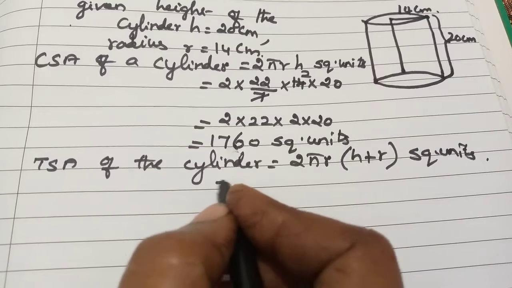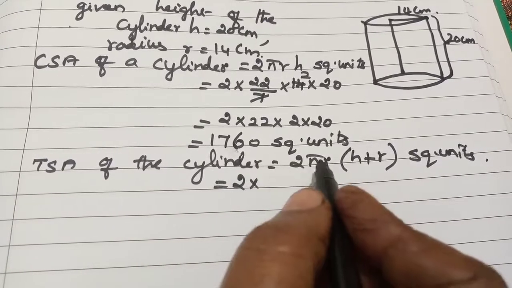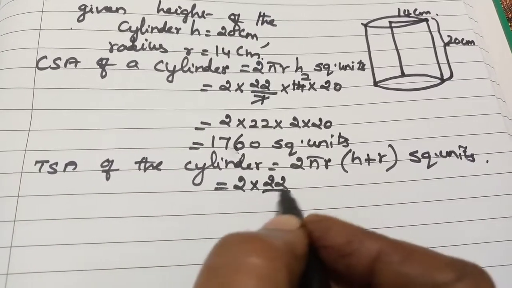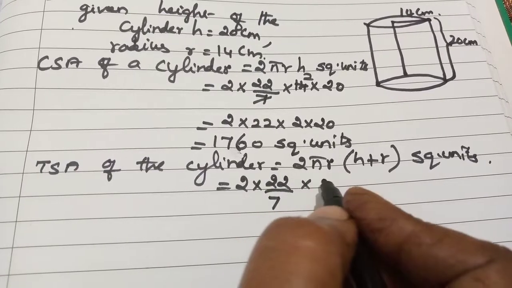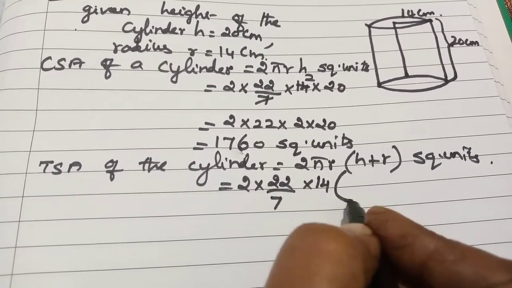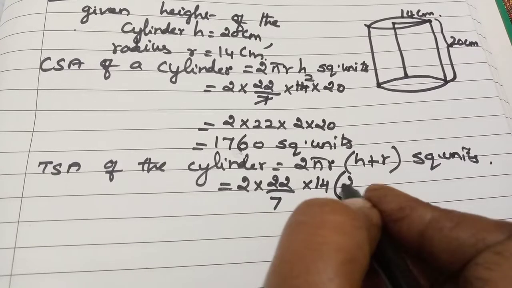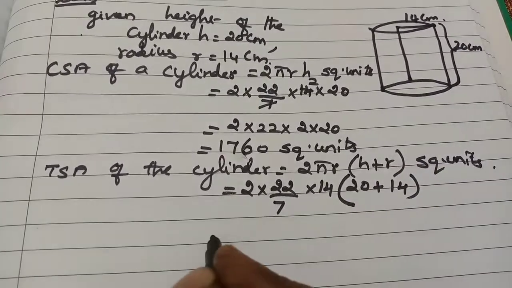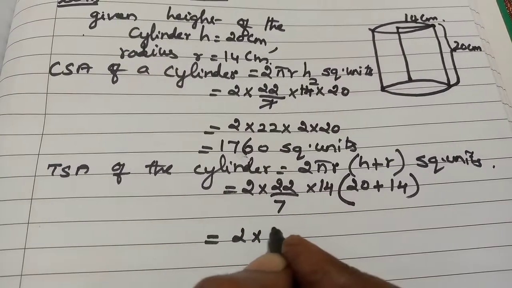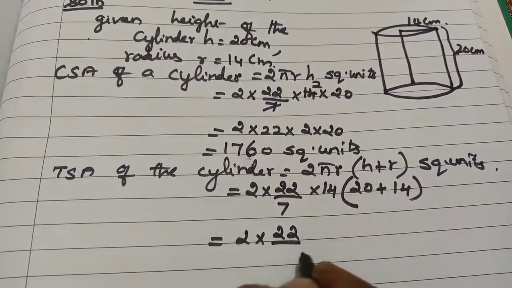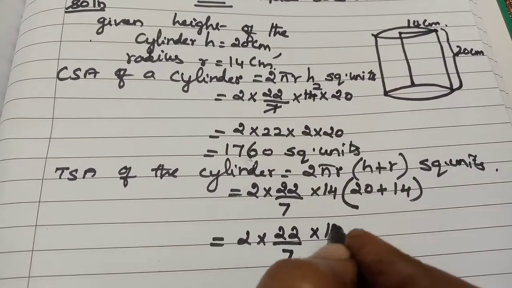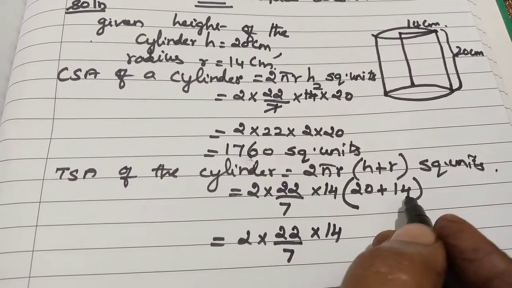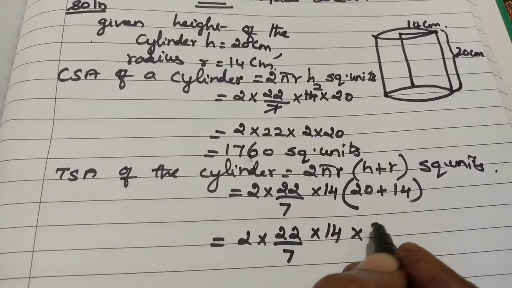That is equal to 2 into this pi value 22 by 7 into r value 14 into bracket, height is 20 given plus r is 14, which is equal to 2 into 22 by 7 into 14 into, inside this bracket let us add, 34, so into 34.